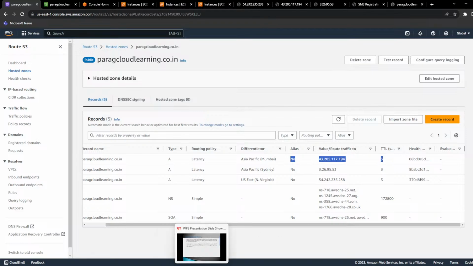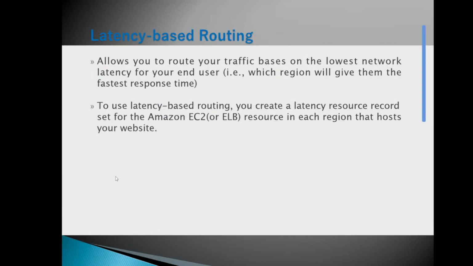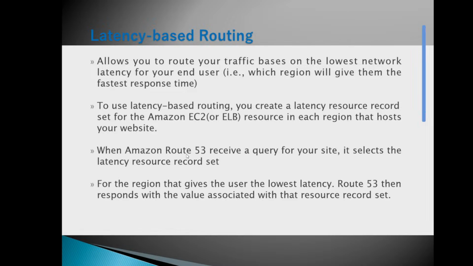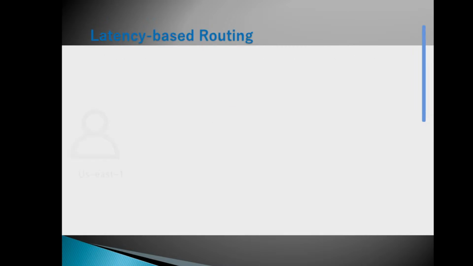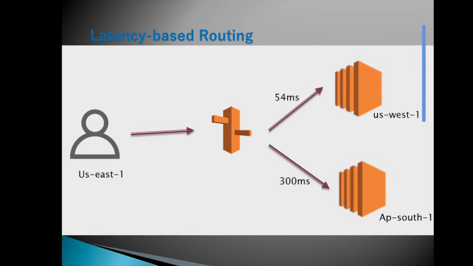Similarly, when Amazon Route 53 receives a query from your request, it will select the latency resource record set for the region that gives the user the lowest latency. Route 53 will then respond with the value associated with that record. Basically, it will give you the response with the lowest latency.